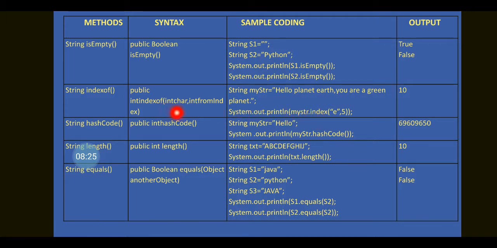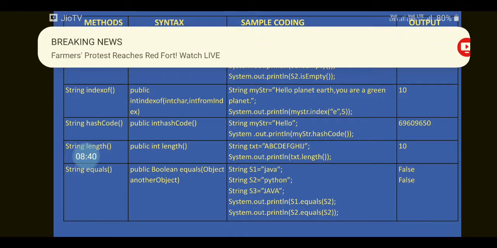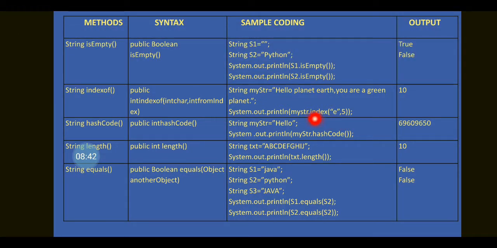So indexOf(int char, int fromIndex). So here System.out.println(indexOf('e', 5)), which means that from the position 5 it will start the searching and it will give you the position of the particular character in the given string.